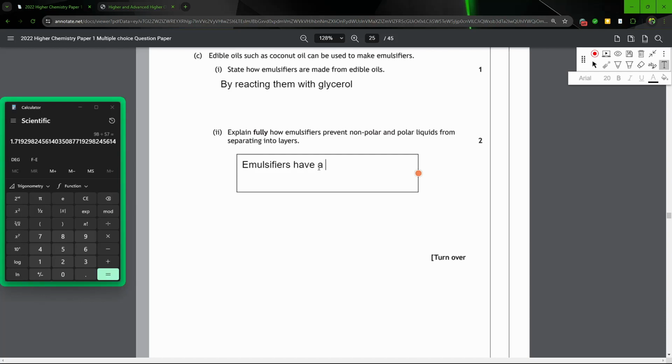Have a polar head that dissolves in polar liquids and a non-polar tail that dissolves in non-polar liquids.